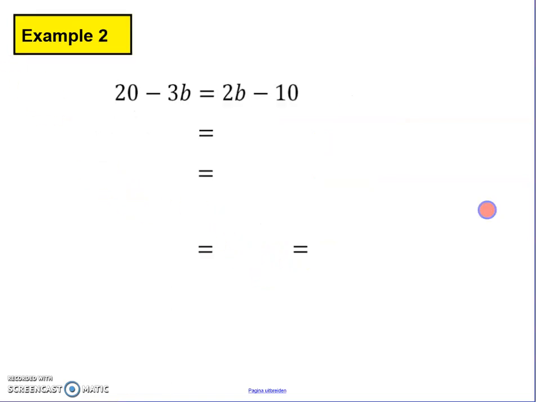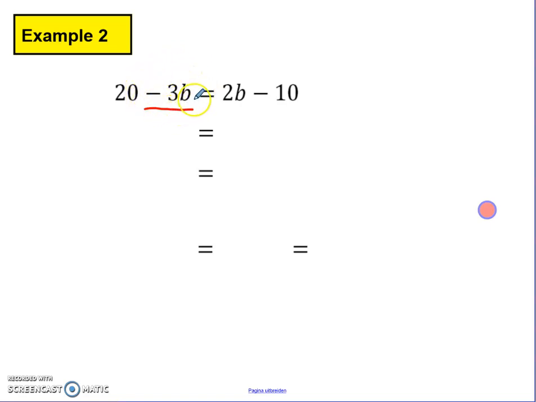We're going to look at the second example. Okay, there are no brackets, and we are not able to shorten this equation. So what I'm going to do is think about who needs to go away. And I really would like to get rid of minus 3b. Minus 3b, that has to go.